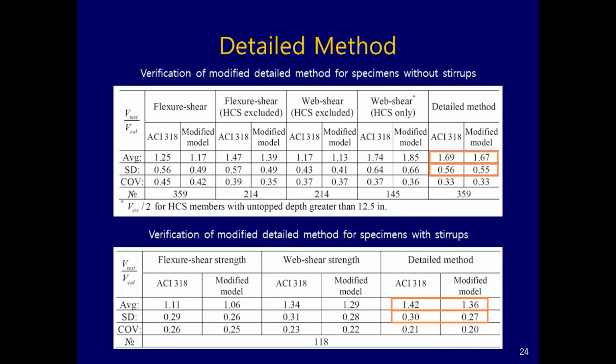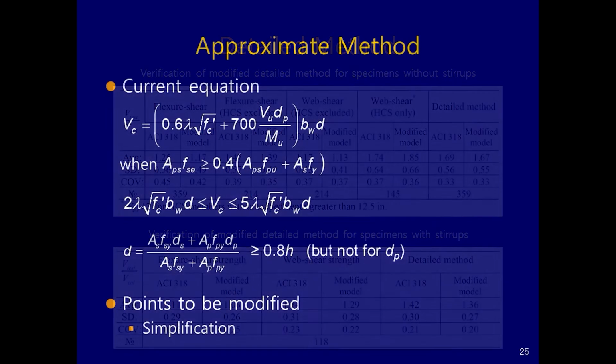For the beams without stirrups, it's slightly smaller than ACI 318. And overall, the results are similar and the original philosophy is preserved.